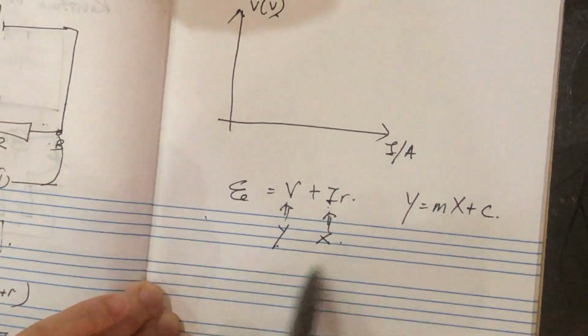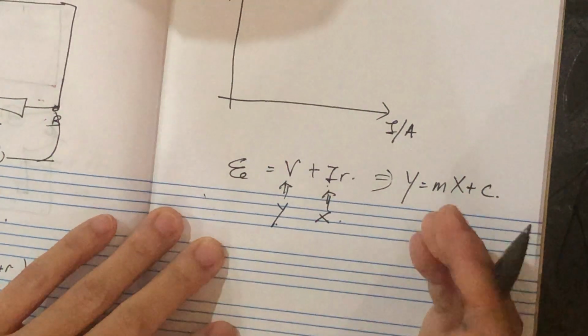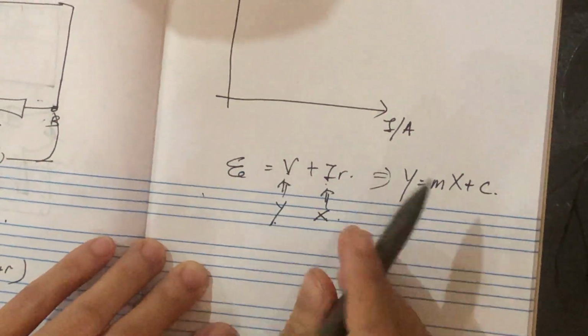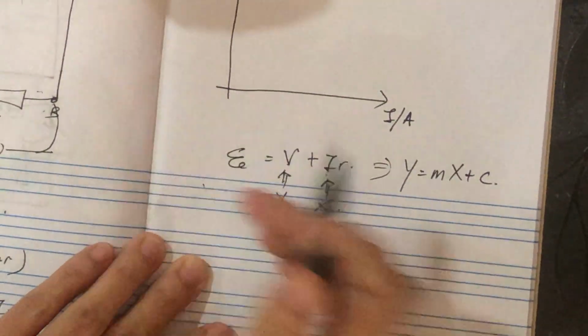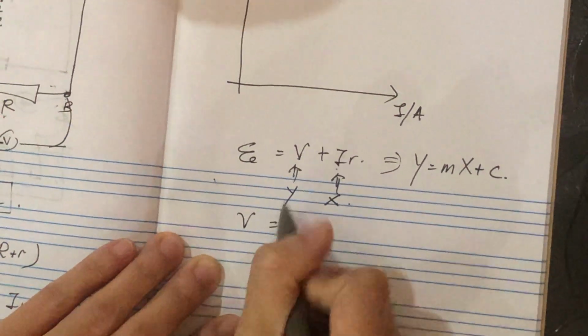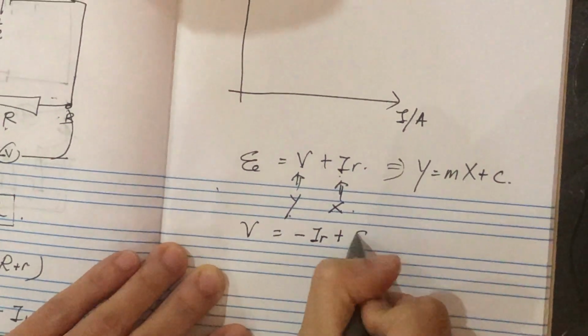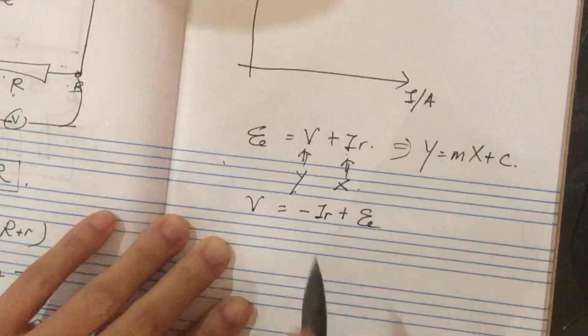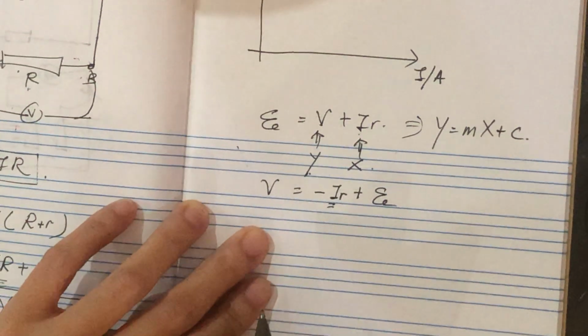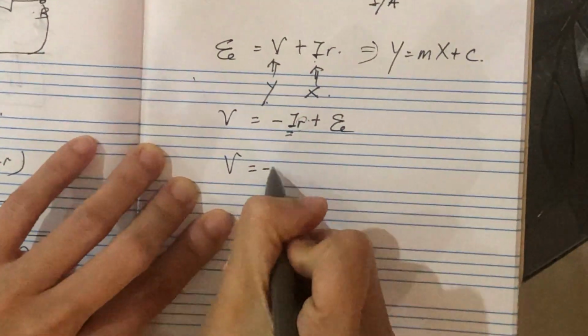So we have to arrange the whole thing in this shape. I will bring this thing to the other side. So y equals mx plus c: V equals negative Ir plus EMF. Since this is my x, this is my gradient, right? So I will expand it like this.